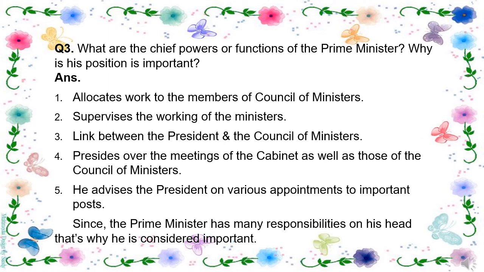Number 4, presides over the meetings of the Cabinet as well as those of the Council of Ministers. Number 5, he advises the President on various appointments to important posts. Now, since the Prime Minister has many responsibilities on his head, that's why he is considered important. Okay, so this was your question number 3 and answer number 3.